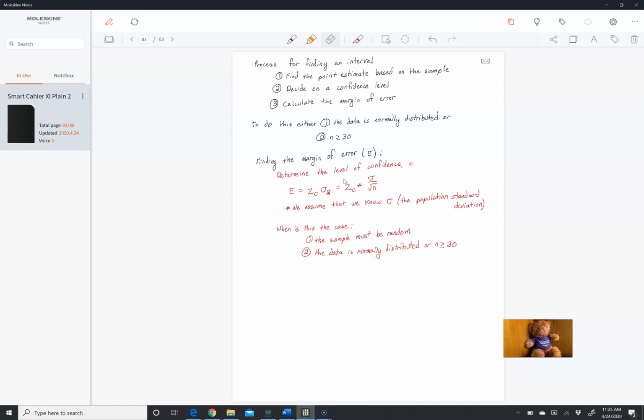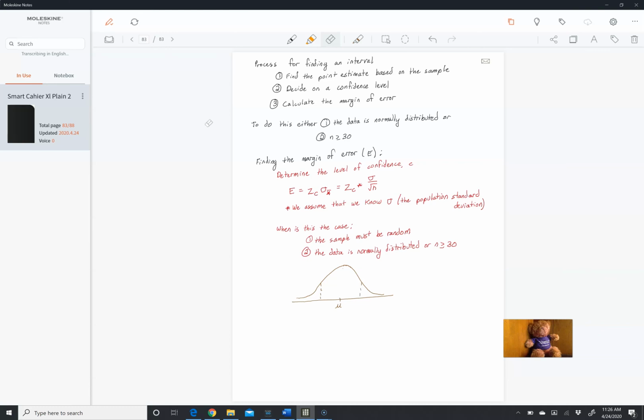Why are we so dependent on the normal distribution? Because it's symmetrical. So here's what the Z sub C is, and again, we've done this. It's based on the normal curve. Remember that your mu is over here, and what you're doing is saying that it falls within a certain interval.